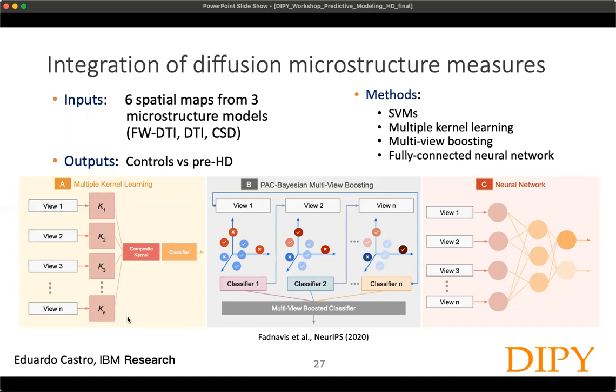As you can see depicted here, the modalities again would be the spatial maps derived from the microstructure models. The model learns a linear combination of these kernels, and this optimal combination of kernels is in turn provided to a classifier.